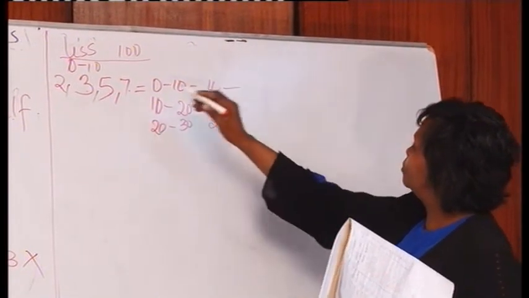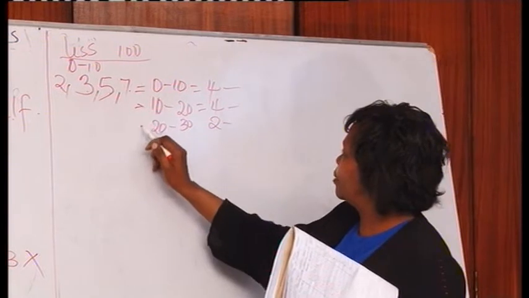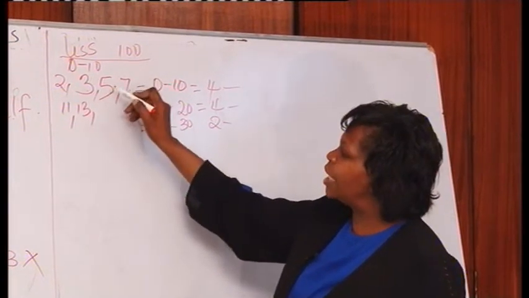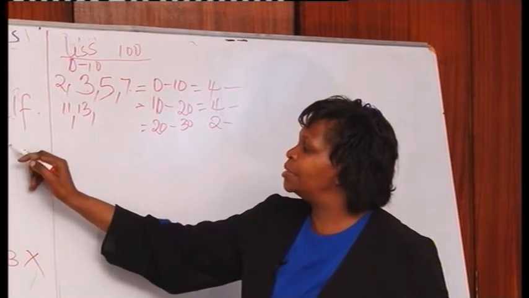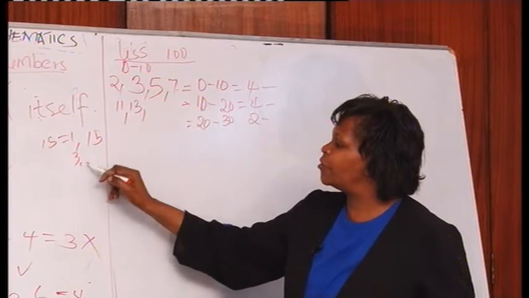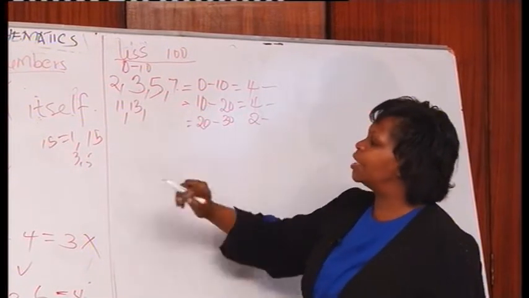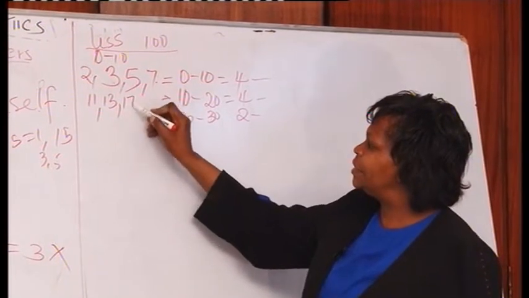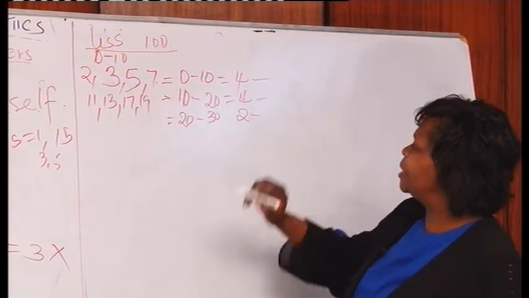Here they'll be 11, 13, 15 cannot, because 15 has 1 and itself, and then 3 and 5. You can see there are 4. So 15 cannot be a prime number, as much as it looks like an odd number. Then you have 17 and you have 19.